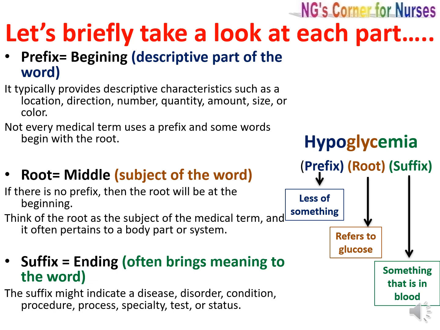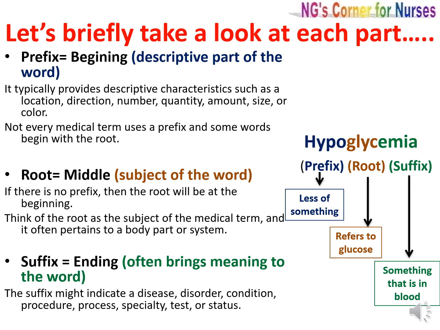And the last part, that is the suffix or the ending part, it often brings meaning to the word. The suffix might indicate a disease, disorder or condition or procedure, process, specialty, test or status.